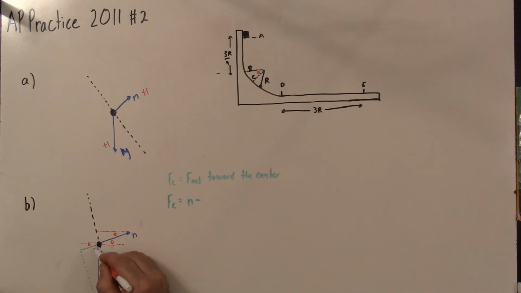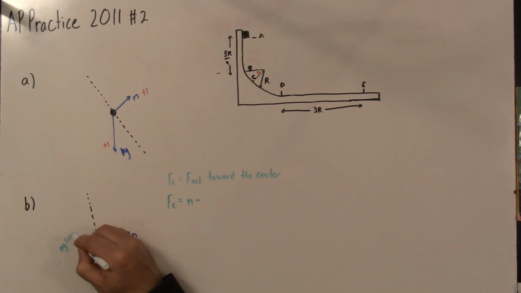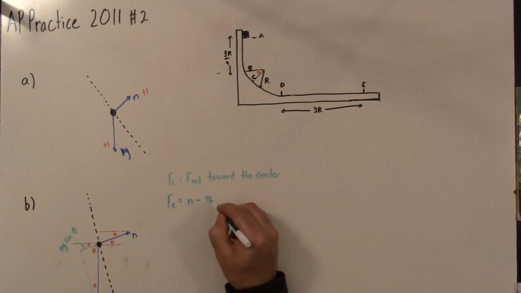But what that leaves you with is this one is not theta, that one is phi, and this one down here is theta. So given the construct of this, this has to be 90. These two together have to be 90, just like those, so this is theta. So it turns out that this component here is mg sine theta.